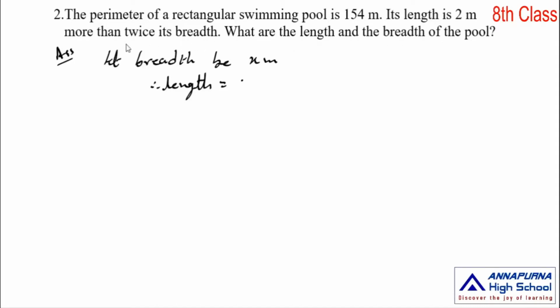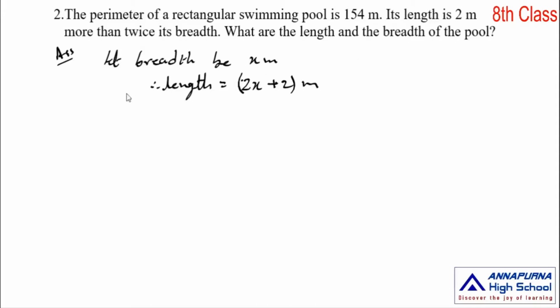Here the breadth is x meters, so the length is 2 meters more than twice. Twice means 2 times. So what is the breadth? x meters. 2 times means 2x meters, and 2 meters more, more means plus 2. So the length is 2x plus 2 meters.